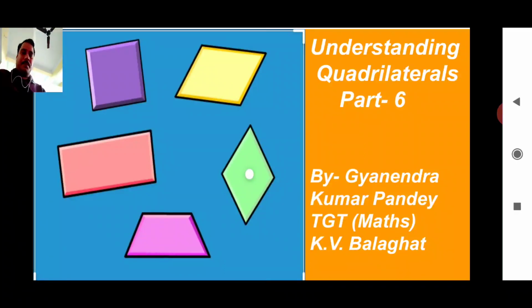The student, in the previous class of chapter Quadrilaterals, Understanding Quadrilaterals, we discussed some quadrilaterals, one of which is a parallelogram and one is a kite, and solved exercise 3.3.